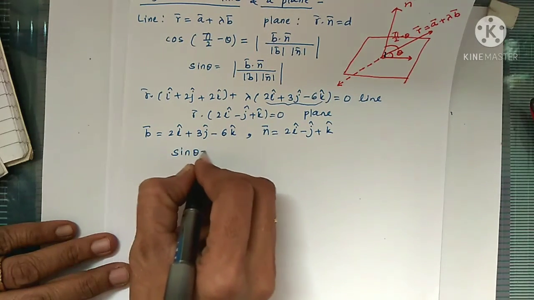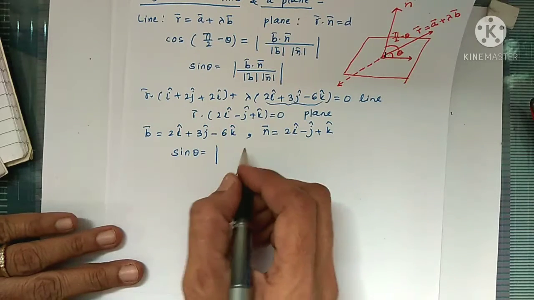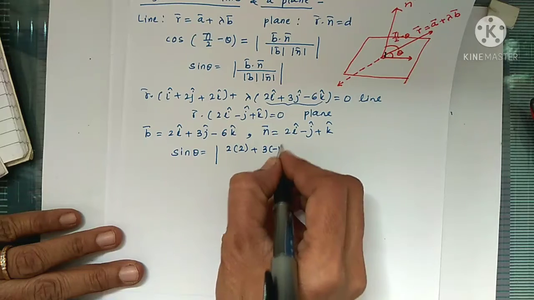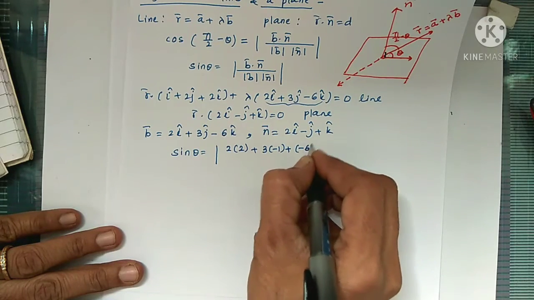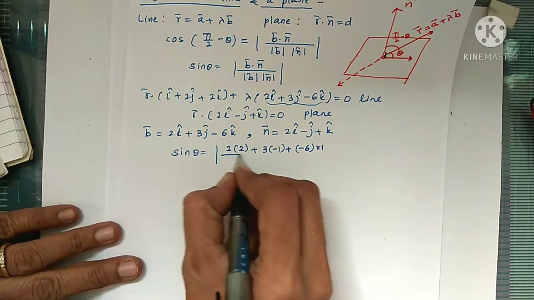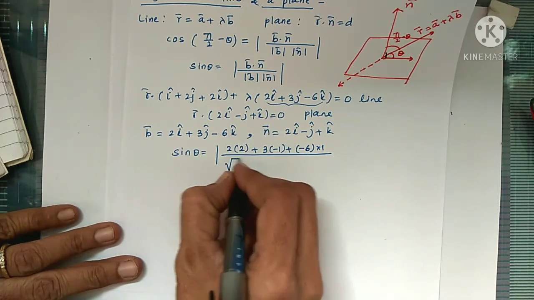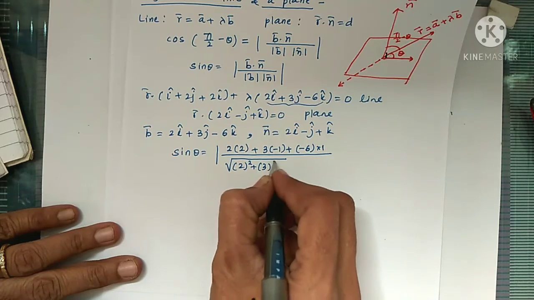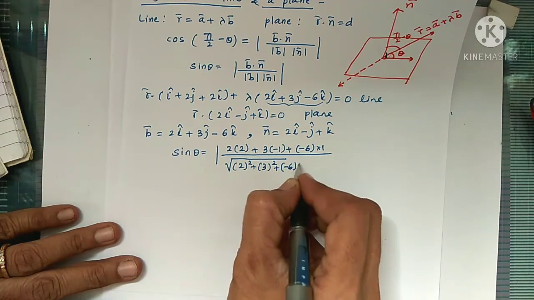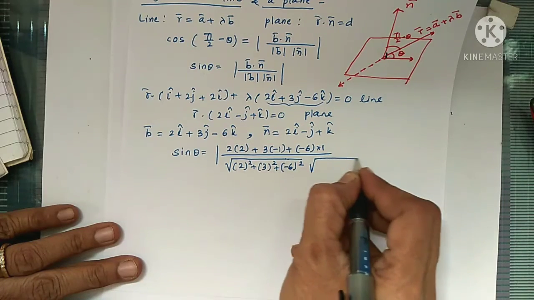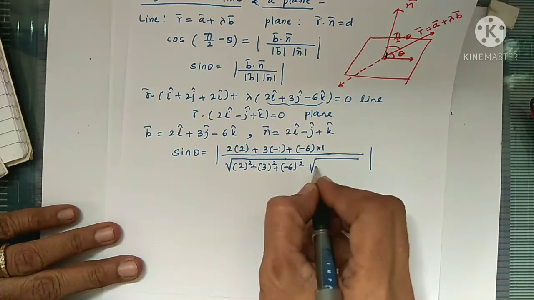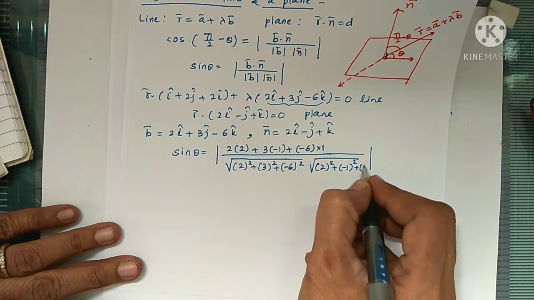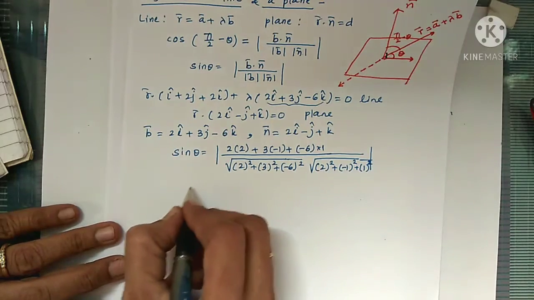So sine theta equals modulus of b bar dot n bar: 2 into 2, 3 into minus 1, minus 6 into 1, divided by modulus of b bar, root of 2 square plus 3 square plus minus 6 square, times root of 2 square plus minus 1 square plus 1 square.